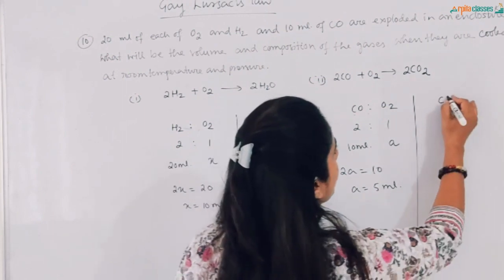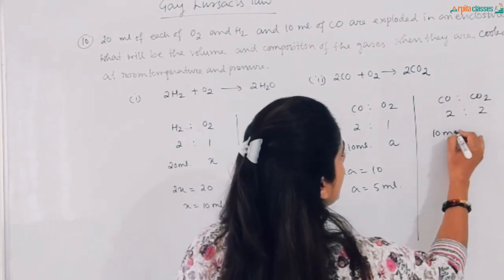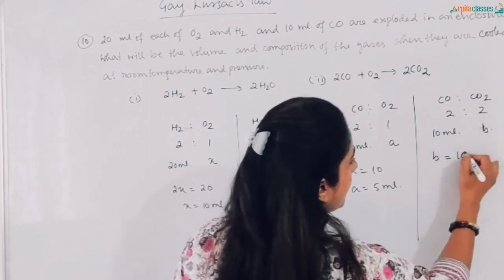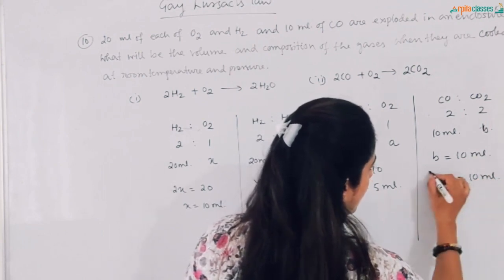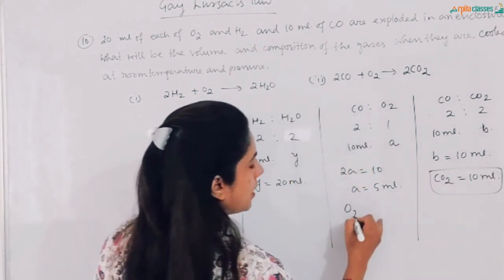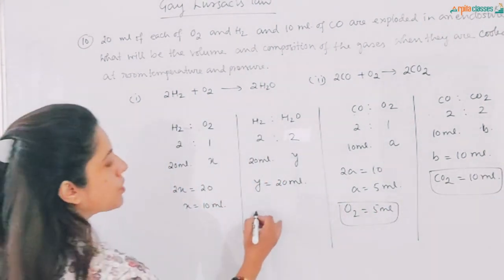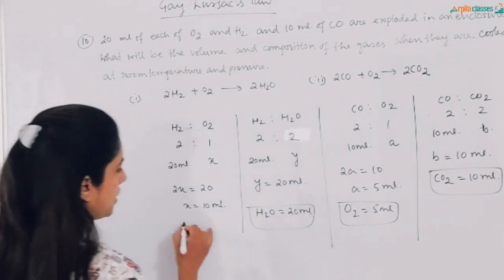And also we will see the ratio between CO and CO2 is 2 is to 2. So if this is 10 milliliter, CO2 will be, suppose B, and very clearly B is equal to 10 milliliter. So how much CO2 is produced? CO2 is 10 milliliter. How much oxygen here? 5 milliliter oxygen is used up here. How much H2O is produced? It is 20 milliliter. And how much oxygen is here?